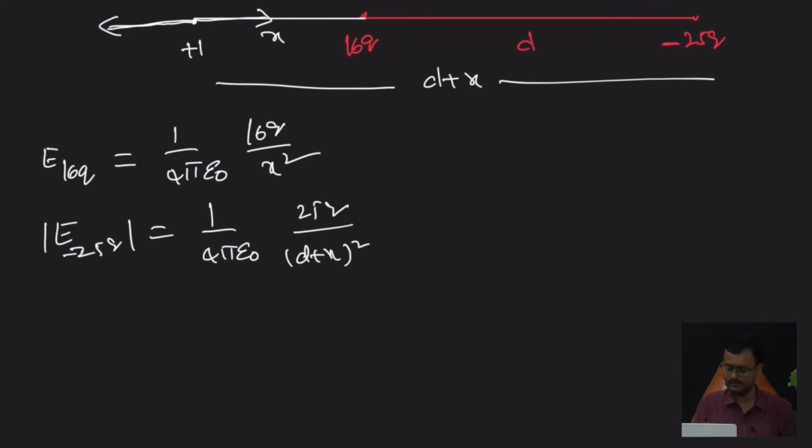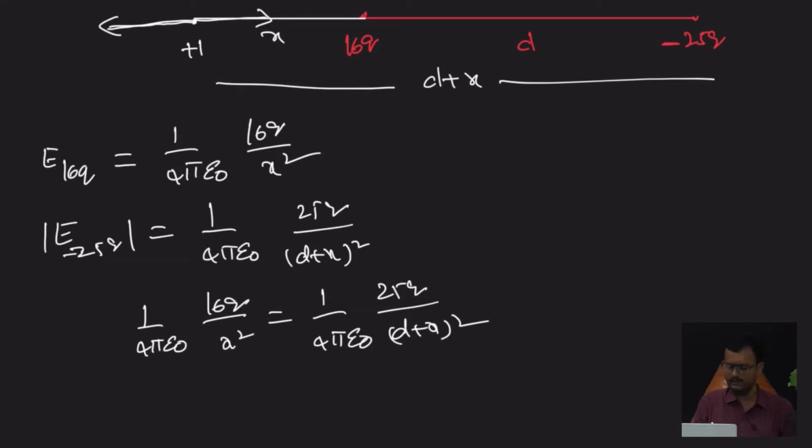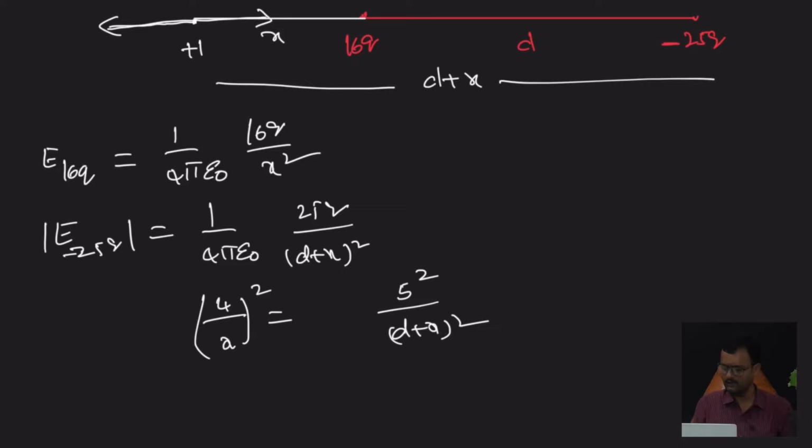So 1 by 4 pi epsilon naught 16q by x square should be equal to 1 by 4 pi epsilon naught 25q by d plus x whole square. 1 by 4 pi epsilon naught cancels, q cancels. 16 is 4 square, 25 is 5 square. 4 square by x square is 4 by x whole square, 5 square by d plus x whole square is 5 by d plus x whole square.